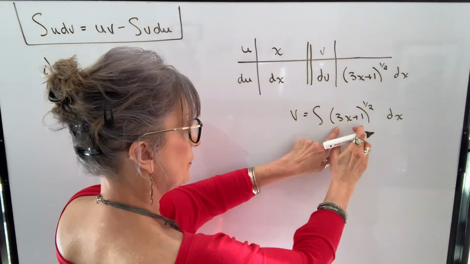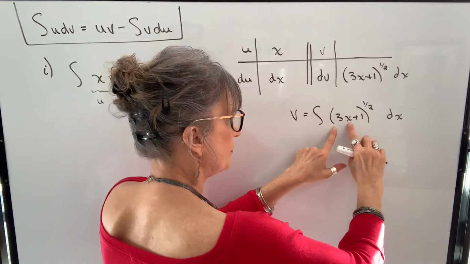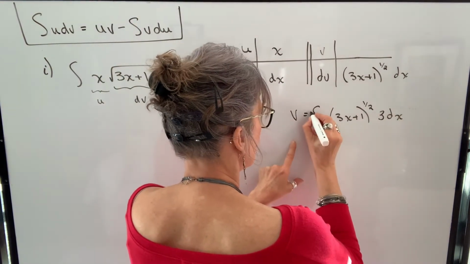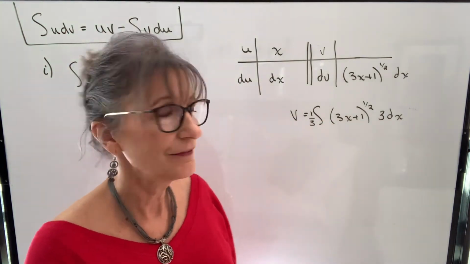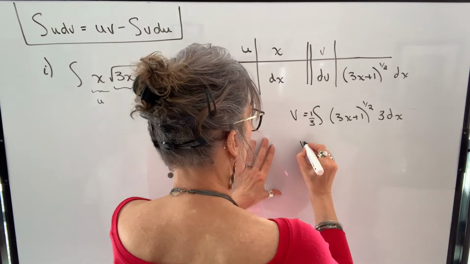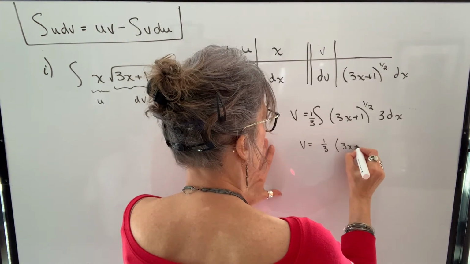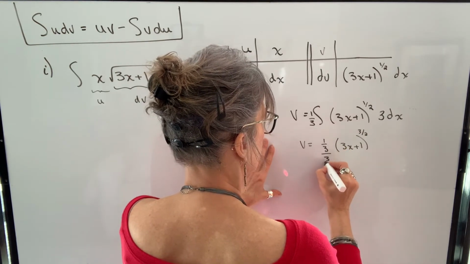So v will be the integral of (3x plus 1) to the 1/2 dx. In order to integrate this, I'm going to use my general power formula. I need the derivative of 3x plus 1, which is 3, which I can introduce as long as I balance it. And now I can use my pattern for general power. So this integral will be 1/3 times (3x plus 1) to the power of 3/2, and I divide by 3/2.